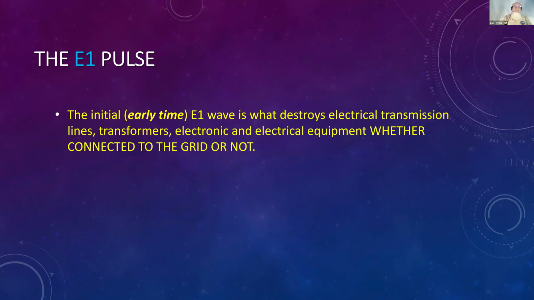So let's talk a little bit more about the E1 and discuss why it is so detrimental to our electronics. The early time wave, the E1 wave, is the thing that destroys the electrical transmission lines, transformers, specifically electronic and electrical equipment, whether it's connected to the grid or not. That's the killer, in air quotes, that we'll see with E1.